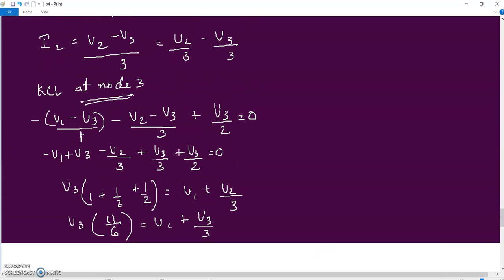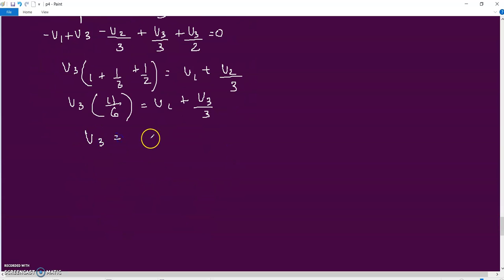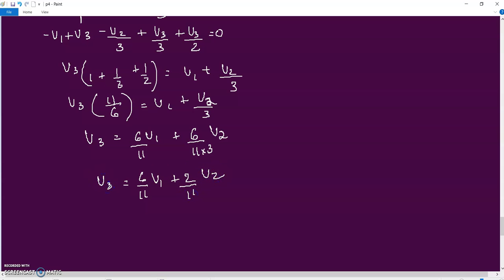So V3 is equal to V1 into 6 by 11 plus 6 by 11 into V2 by 3. So that is 6 by 11 V1 plus 2 by 11 V2. So we have got V3 in terms of V1 and V2.